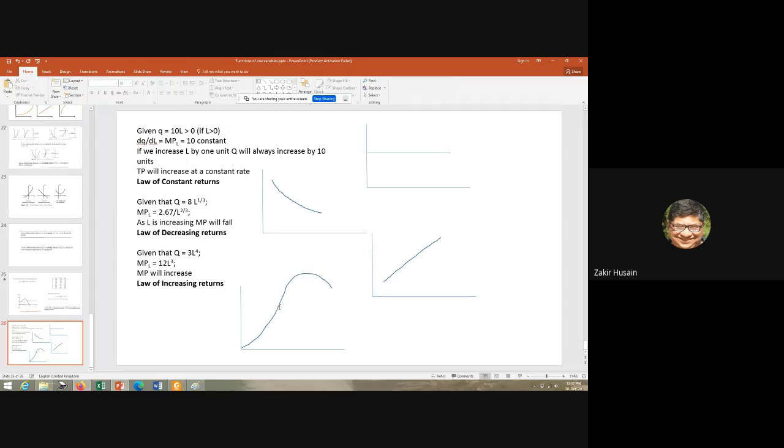Over here, you can see that in the initial part, as labor increases, marginal product is going up. So this is the case of increasing returns.